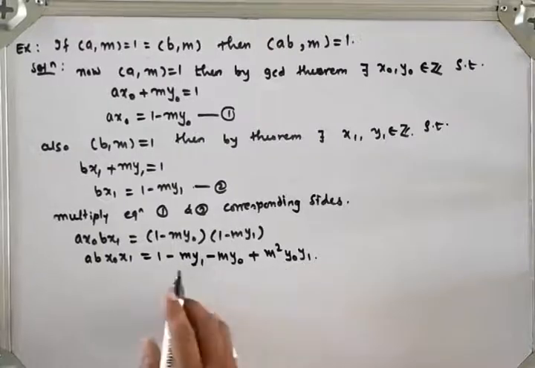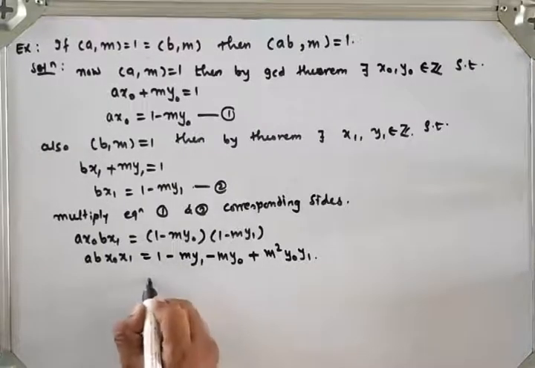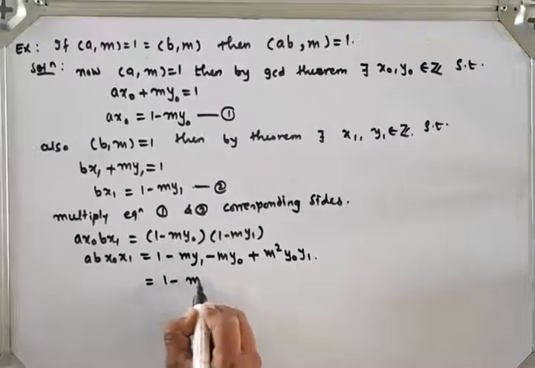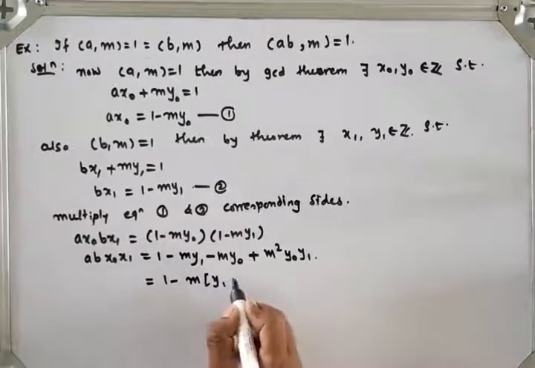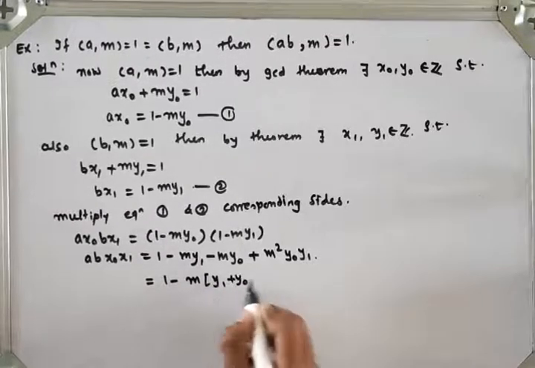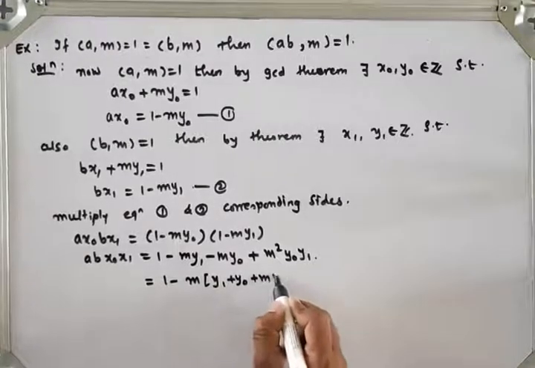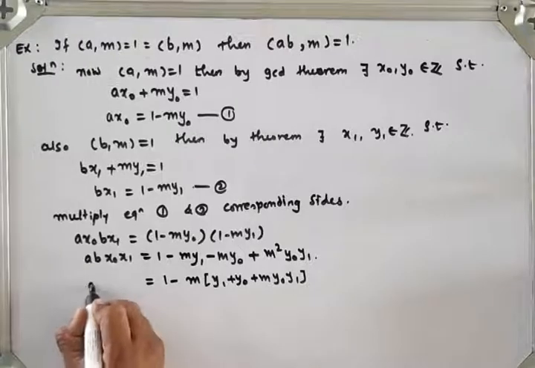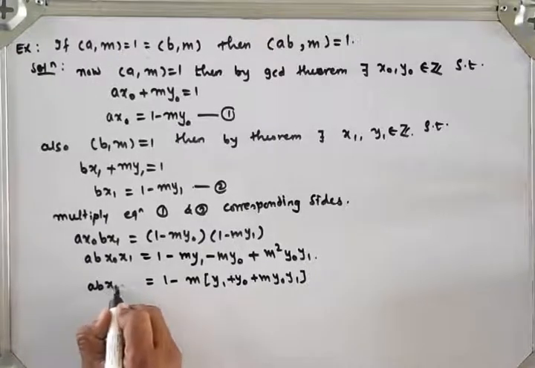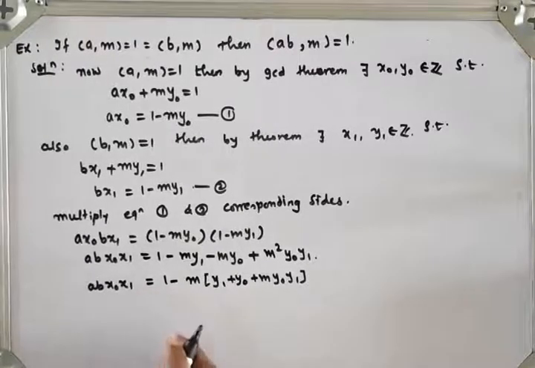So I will take m as common between these terms. So I get 1 minus m into bracket y1, I have taken the minus sign common, plus y naught minus m y naught y1, and the left side is a into b x naught x1.